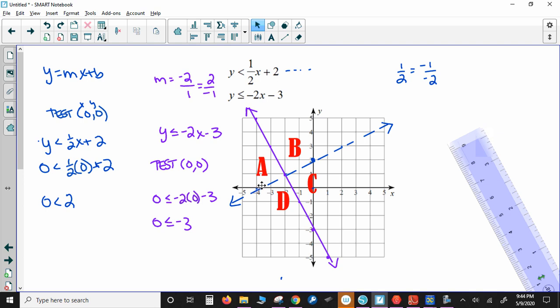Go ahead and graph them just as I did, shade them just as I did. And when you're done, you're going to see that one of your areas is the shaded region. So this is what we just had. So I would write that D is the answer. So the letter that corresponds to the region that's shaded on your paper is going to be the final answer for this problem, on the last problem on the quiz.